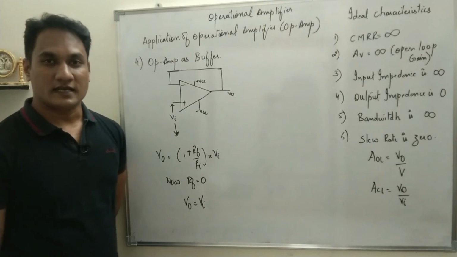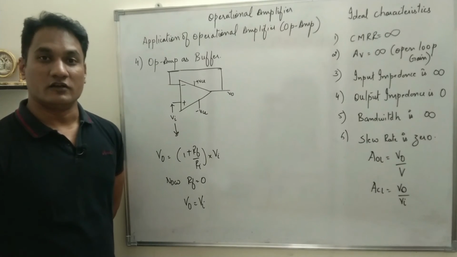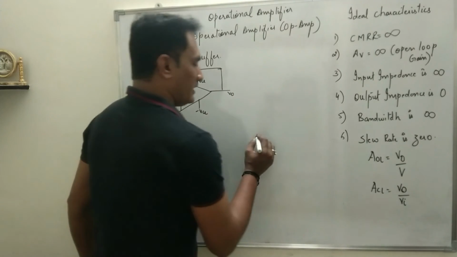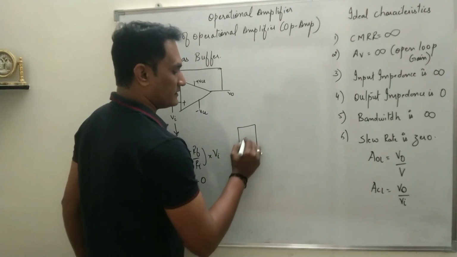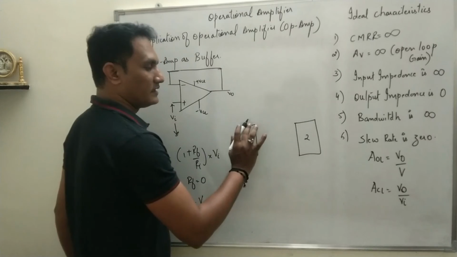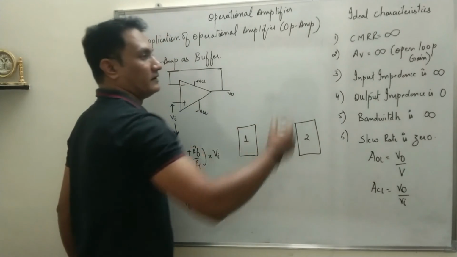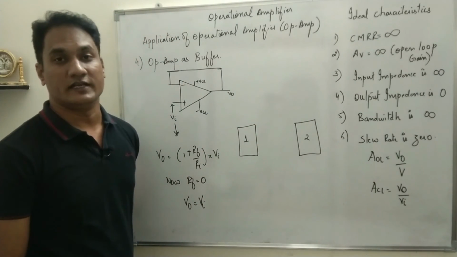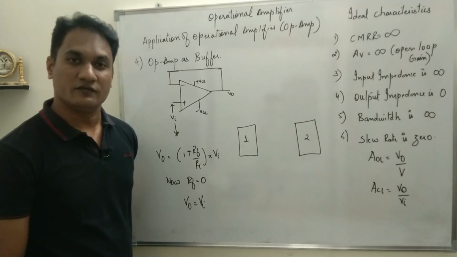So we need to understand where this op amp as buffer will be used. Now suppose there are two circuits, say this is 1 and this is 2. Generally, for any analog circuit, input impedance should be very high and output impedance should be very low.